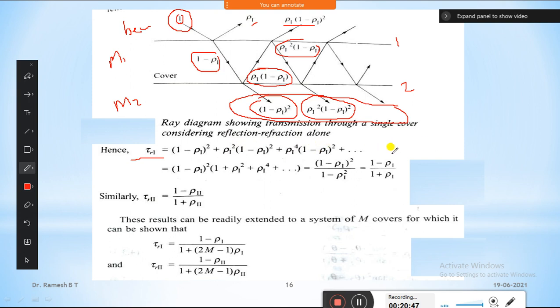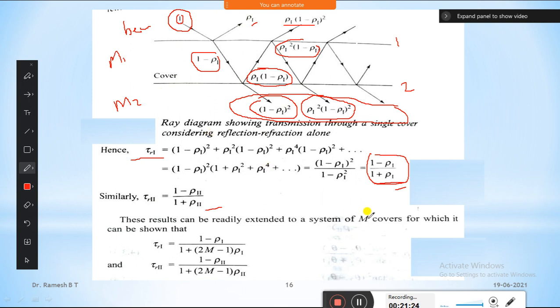Like this the equation will continue, and ultimately the final simplification of that equation gives tau r1 equal to 1 minus rho 1 divided by 1 plus rho 1. That is the tau r1 equation. And similarly for tau r2, that equation is 1 minus rho 2 divided by 1 plus rho 2. So these two are the final equations we got from this figure.